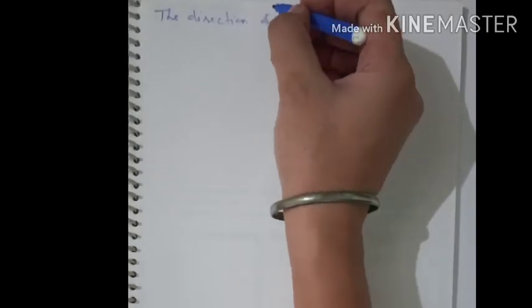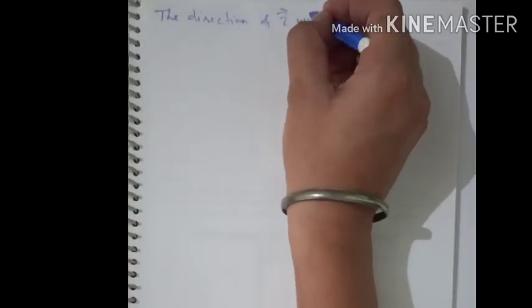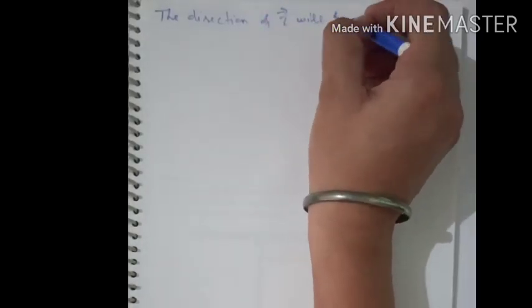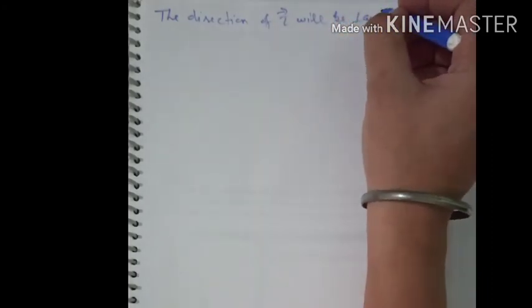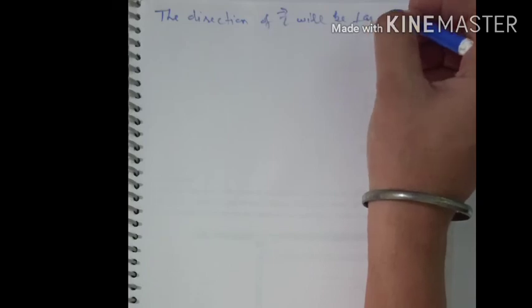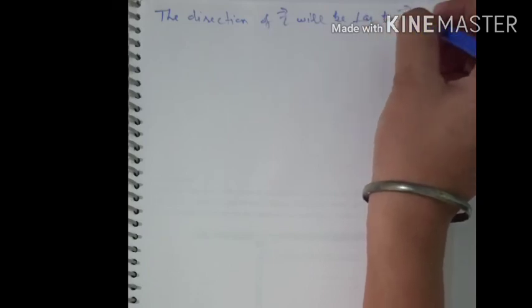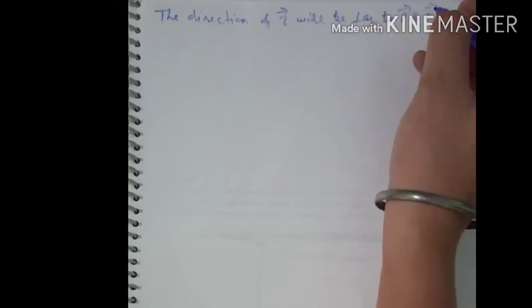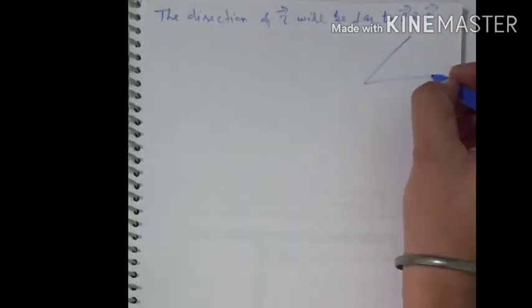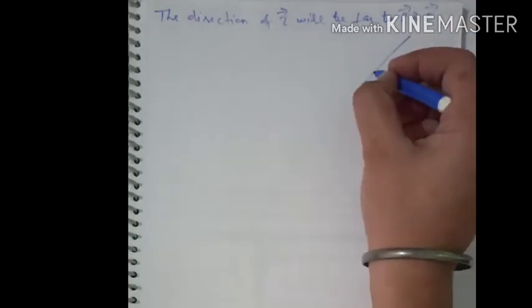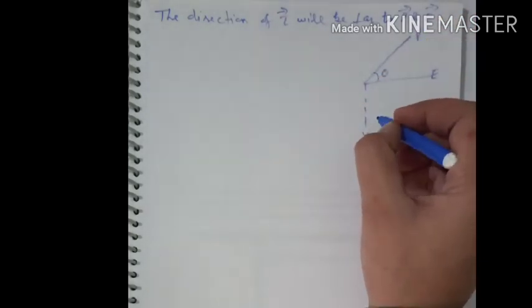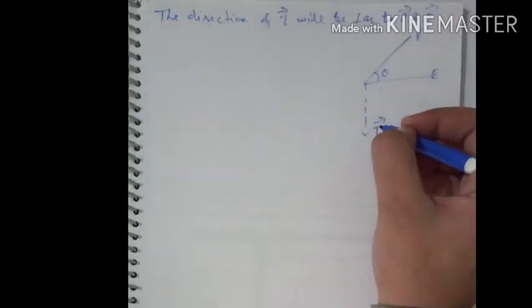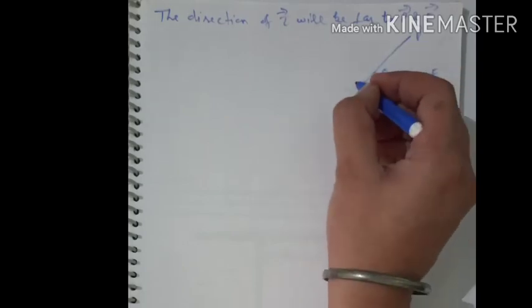The direction of tau will be perpendicular to p vector and E vector. So if this is E and theta and p vector, then in this perpendicular direction tau will act.